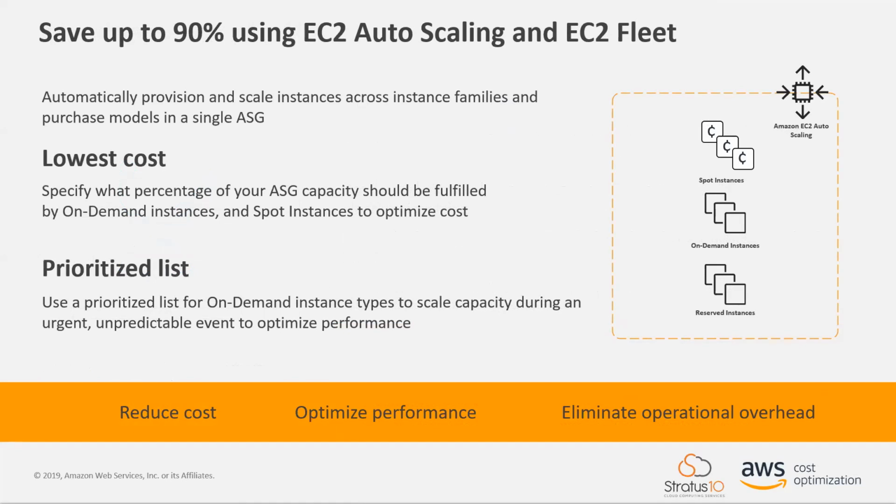With Spot Fleet, you can automatically provision and scale instances across a variety of instance families to meet your needs. In addition, on-demand instances can be mixed in with the instance types if you want a number of instances that are not running on Spot and therefore will not have a probability of being interrupted.